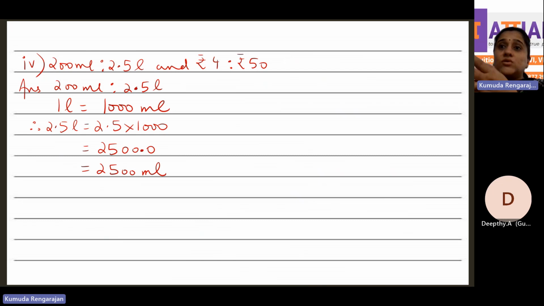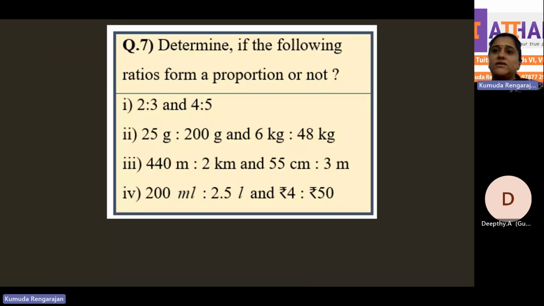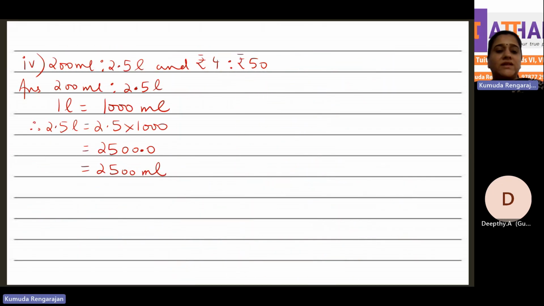All of you took it as 25. It's 2.5. Deepthi, did you take the question correctly? 200 ml is to 2.5 liters and rupees 4 is to rupees 50. Corrected all of you then.